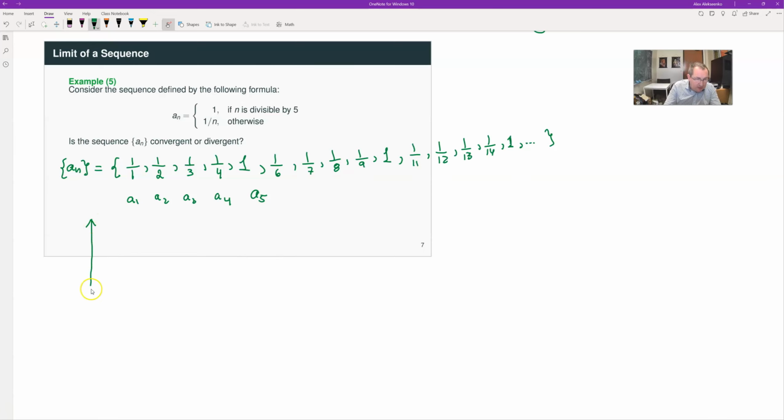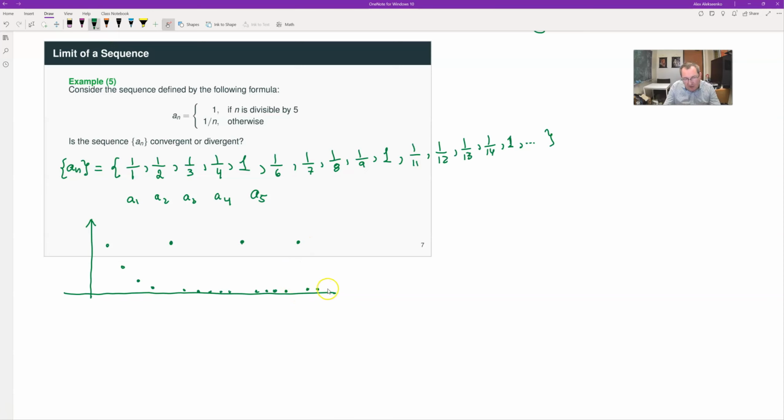If we want to take a look at the graph, it will be the following. We will see our familiar sequence, 1, 1/2, 1/3, 1/4, and then we will bounce to 1. Then we continue 1/5, 1/6, 1/7, 1/8, 1/9, and then we bounce to 1. 1/10, okay, 11, 12, 1 over 13, 14, and then we bounce to 1.